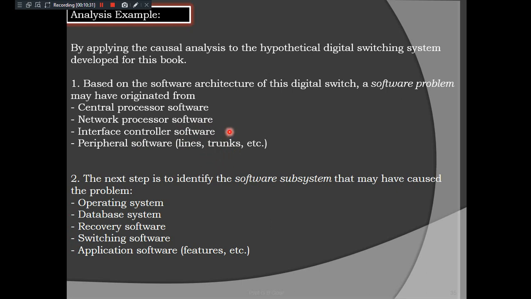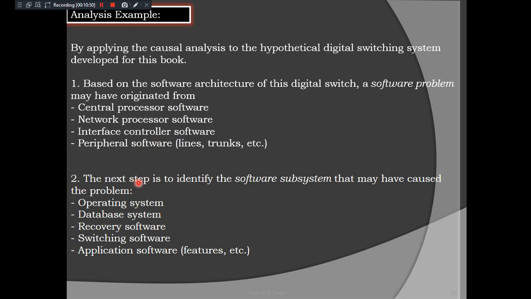So we may think that based on the software architecture, the digital switch may be facing a software problem based on software faults at each of these control levels: CP, NCP, IC, or peripheral.